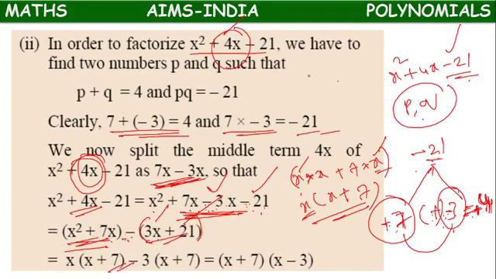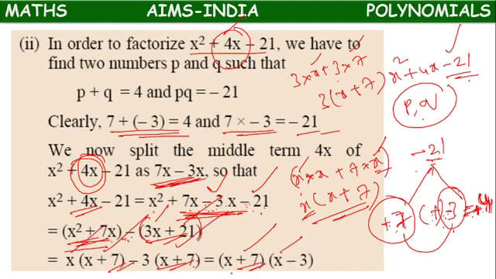Next, 3x plus 21. 3 into x plus 3 into 7. 3 we can take common. x is remaining, plus here 7 is remaining. So 3 taken common, x plus 7. Again here x plus 7, here x plus 7. x plus 7 we can take common. So here x will be remaining, here minus 3 will be remaining.